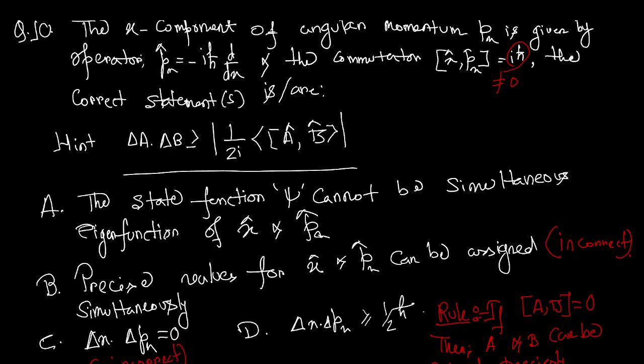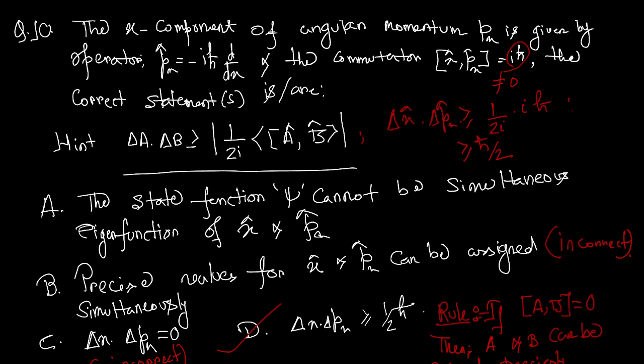Now if you put this value i h bar, if there is no negative term, then we can remove the modulus. So this is the correct option. State function psi cannot be simultaneously an eigenfunction of x and px.